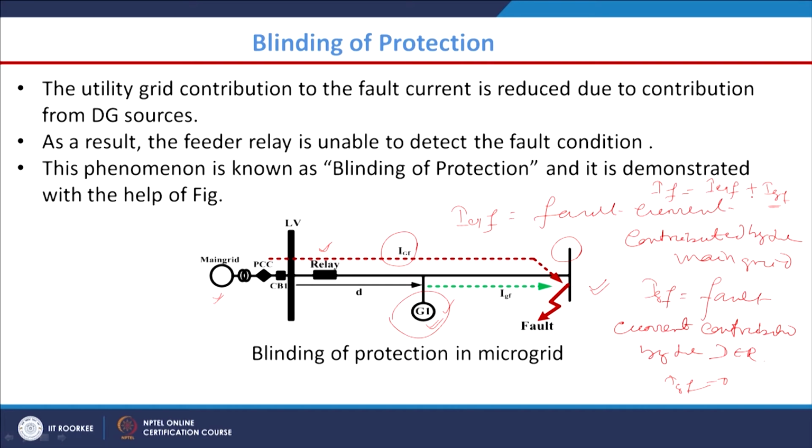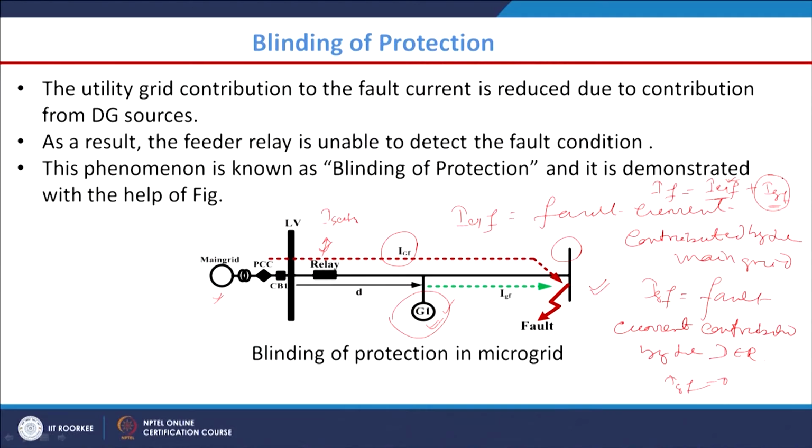Now, if the DG is absent, the overcurrent relay setting is done based on this capital IGF, the fault current contributed by the grid system. However, due to the integration or penetration of this renewable source, the small IGF is going to be contributed to the fault point.